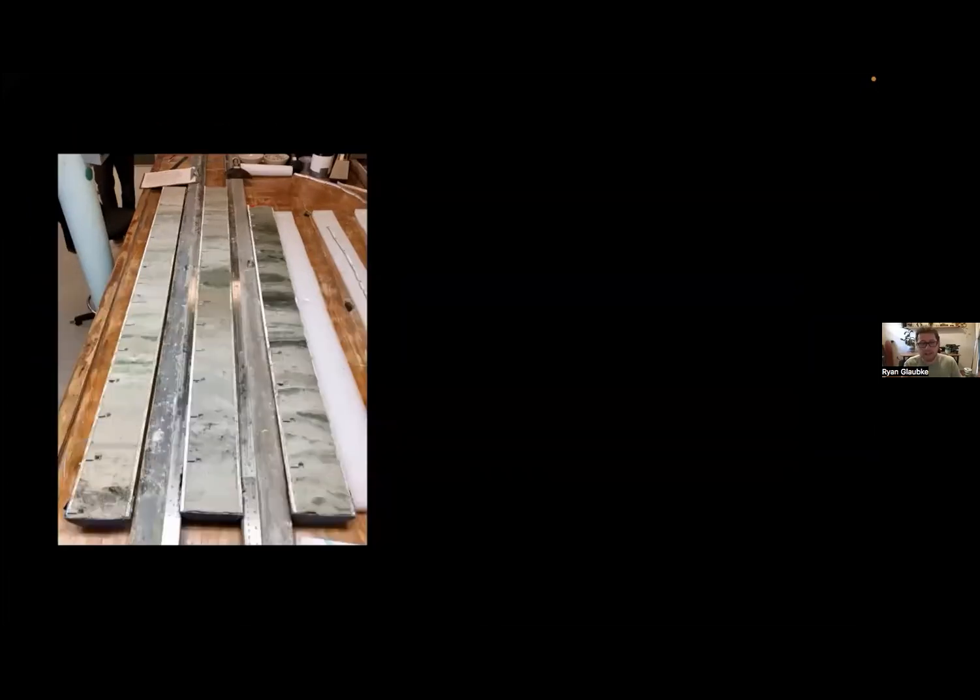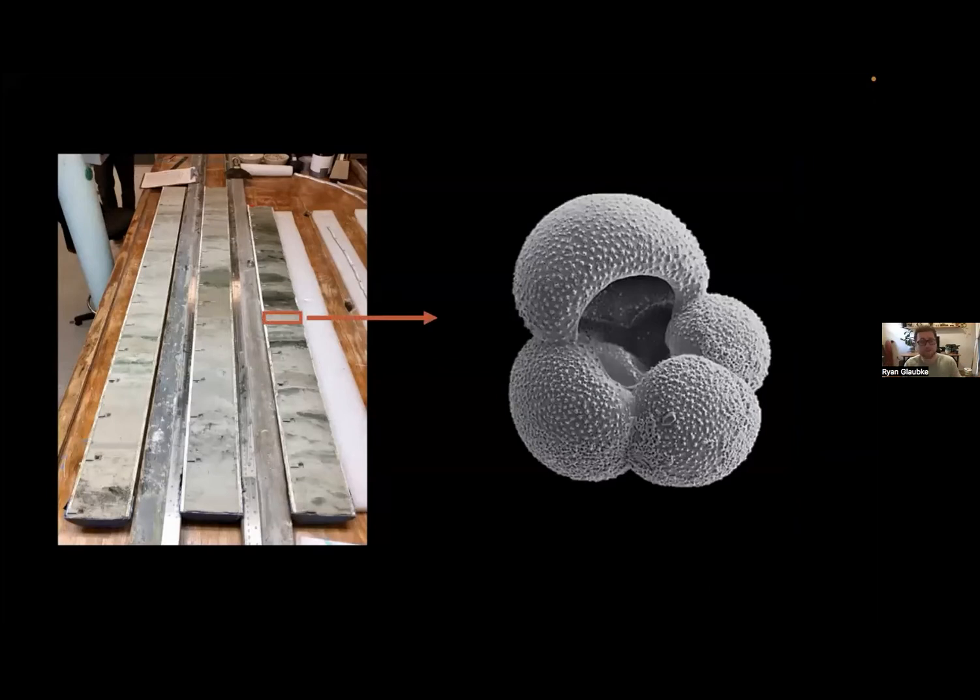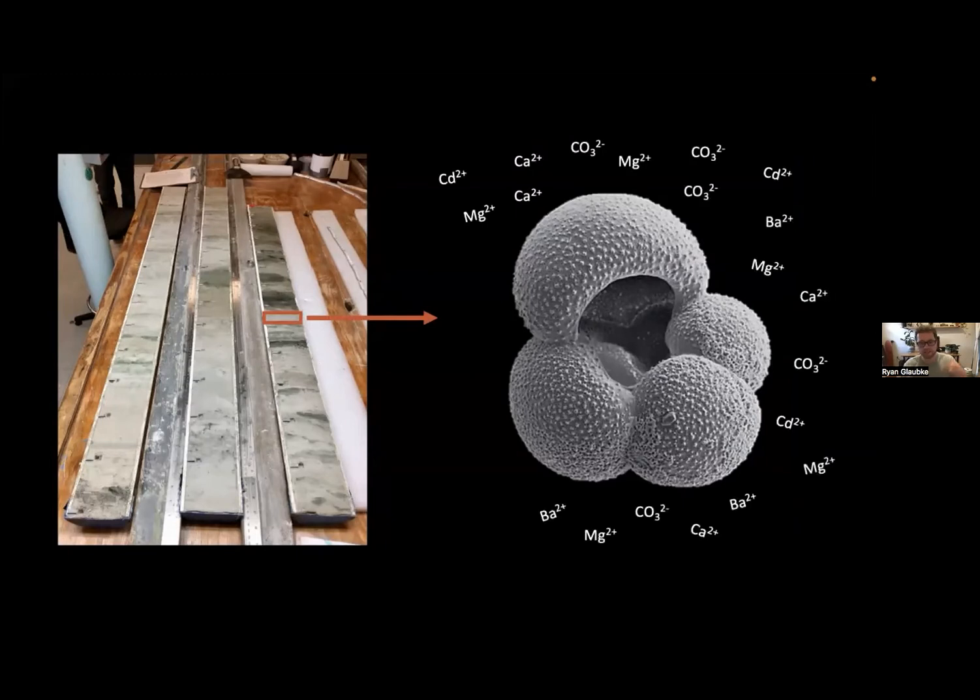And what's phenomenal about these sediment cores is trapped within the layers of the mud are these tiny fossils called foraminifera. These are the amazing little creatures you were making with clay earlier. And what's amazing about these single cell creatures is that they build shells while they're alive, and the information about the chemistry of the water, which can tell us about ocean temperature, salinity, nutrient content, the size of the ice caps, all of it gets preserved within the shell's chemical composition.